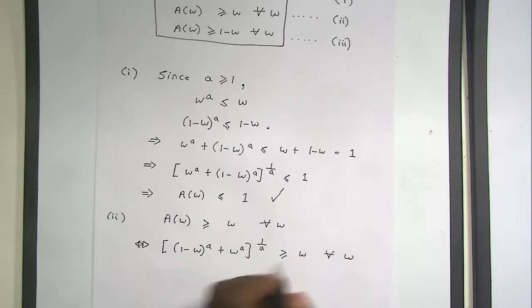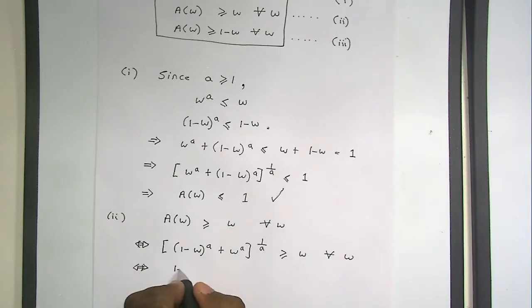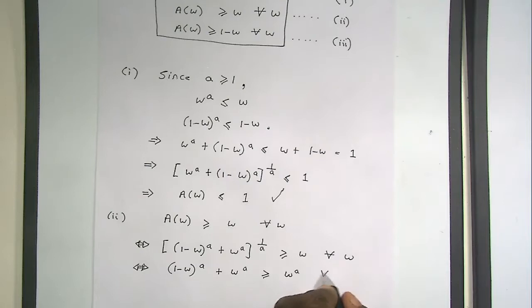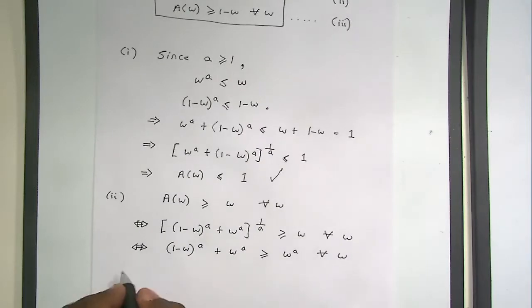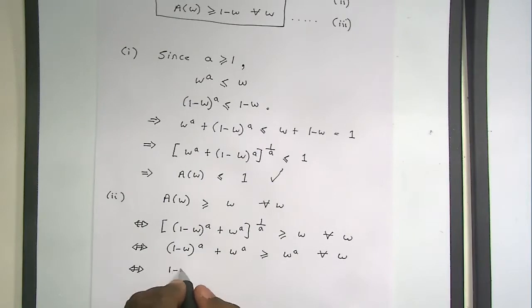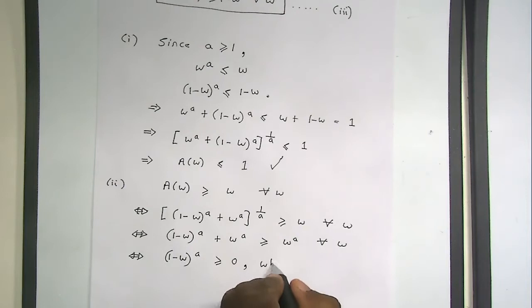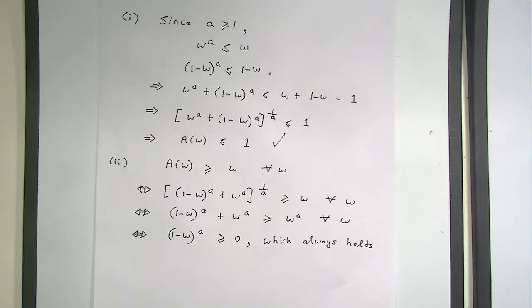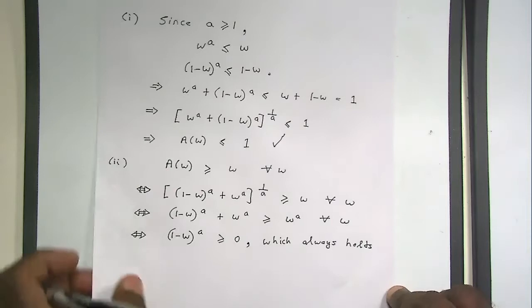That's the same as saying this, and these two cancel. So we have proved the second condition too. Starting with this is equivalent to this, but this is always true because omega is between 0 and 1. So this must be true too. Okay guys, any questions so far? Let me know.